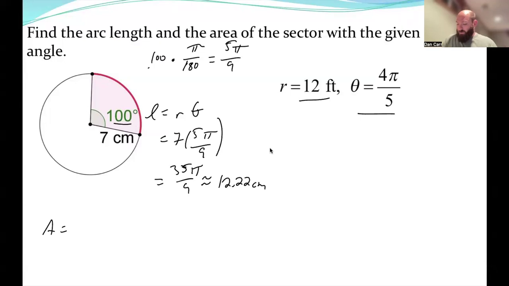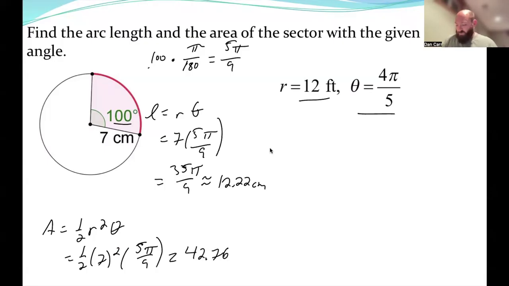So for area, that's going to be 1/2 times, we'll write the formula down, r squared times theta. So in this case, that's going to be 1/2 times 7 squared times 5 pi over 9. And that comes out to about 42.76 square centimeters. So remember, this is sector area. So it's square centimeters versus centimeters.